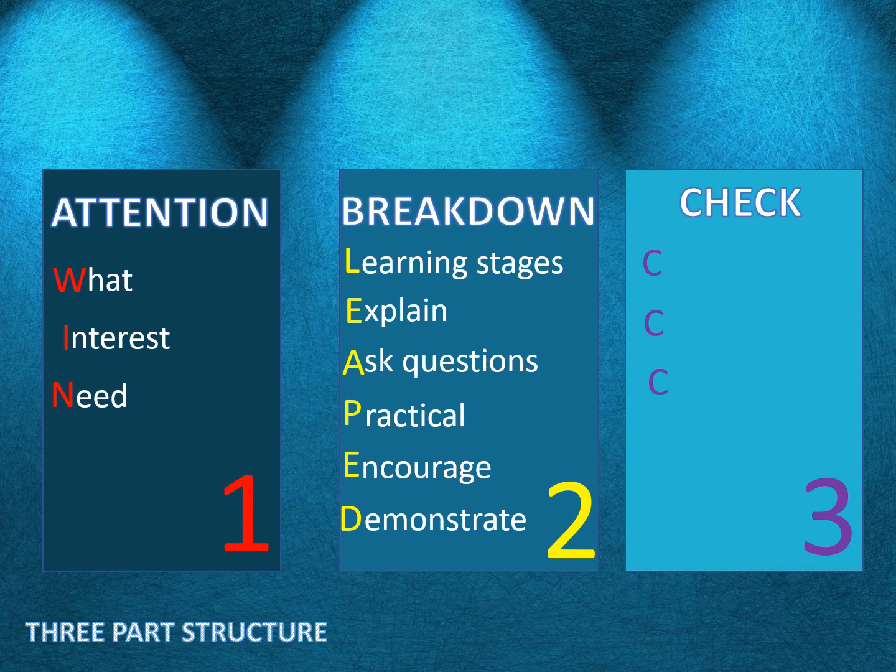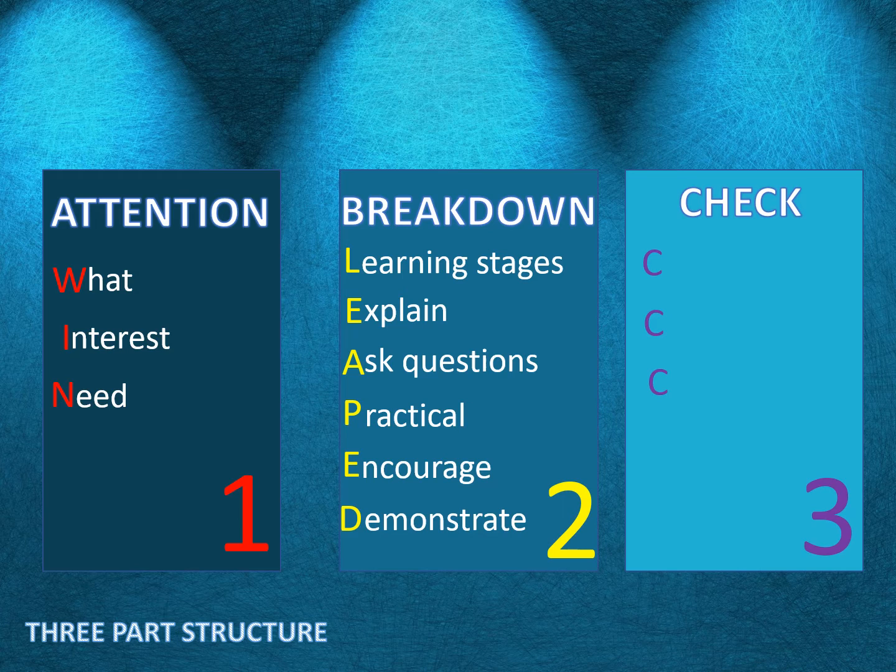So during the breakdown, you're going to do your training in learning stages. You're going to explain what the person needs to be able to do to complete the task correctly. You're going to ask the person questions to ensure that they understand the task and what you are doing.